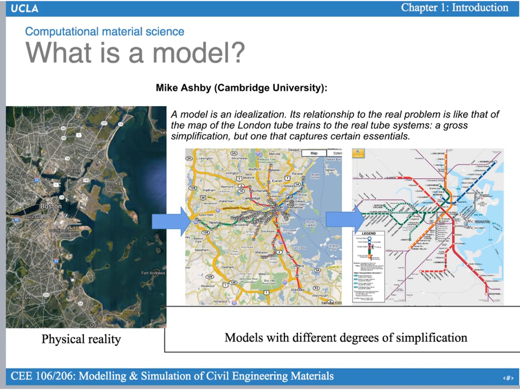Why are materials complex? First, the materials themselves are complex. They have a complex structure. They have complex behaviors. And the second reason is that they are governed by complex physics, some physics that we don't necessarily understand.